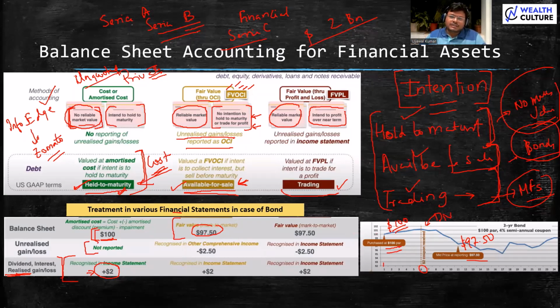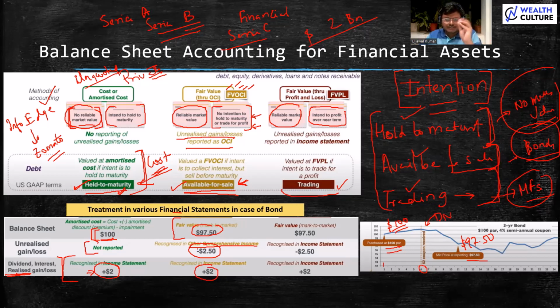And because it is 97.5, in the other comprehensive income, which is apart from the P&L, so this other comprehensive income is beyond the P&L, I'll come to that, in the other comprehensive income we have to show a loss of minus 2.5, and the dividends received will be part of the income statement.